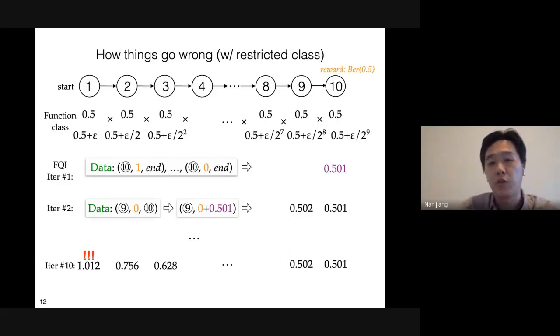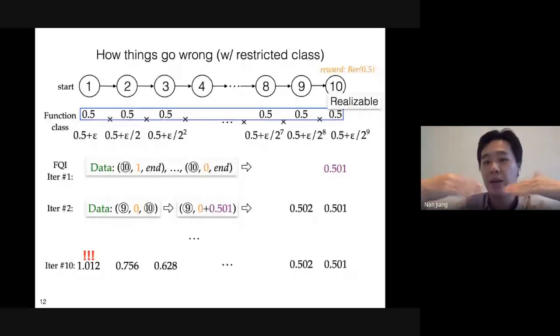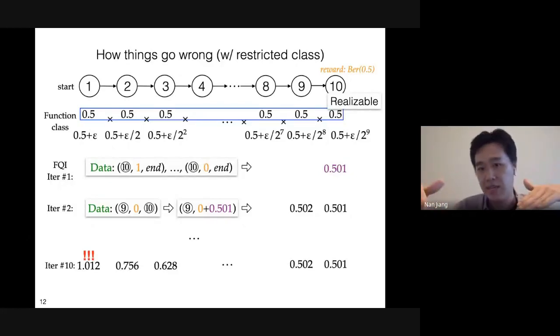And we're talking about essentially policy evaluation here, but you can easily turn this into a policy optimization problem where this prediction error turns into a policy loss. And what I want to emphasize here is that, although I have restricted the possible values that you can predict, the function class I give you is still perfectly realizable because the first row is the true Q star in this case, right?